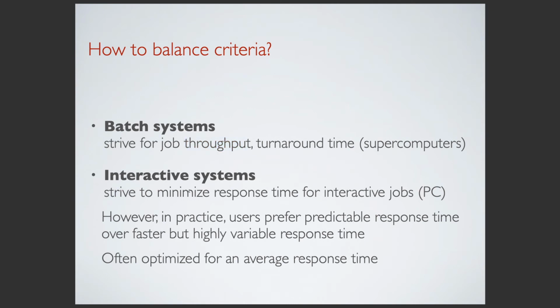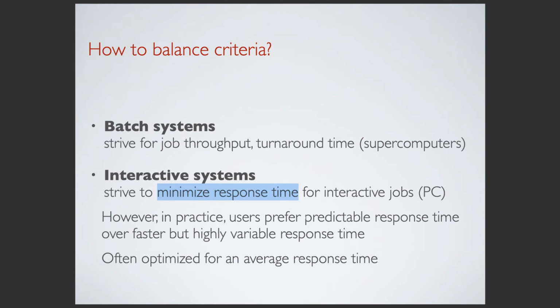But if it's an interactive system, like for example me using my computer, it's going to be different. What I want is to minimize the response time. What I don't want is the OS telling me, oh, wait a second, I'm busy with other stuff, I'm going to get to your app whenever I have time. I don't want to hear that. What I want is, I start an app, it starts right away. In practice, you don't want to minimize that too much. It's going to be a balance.